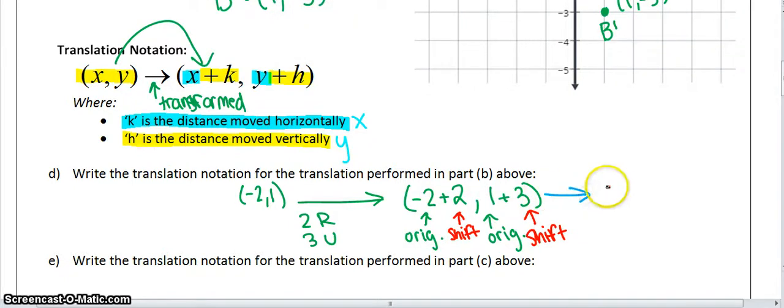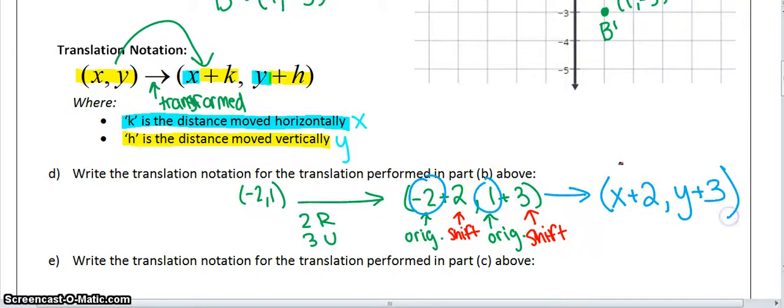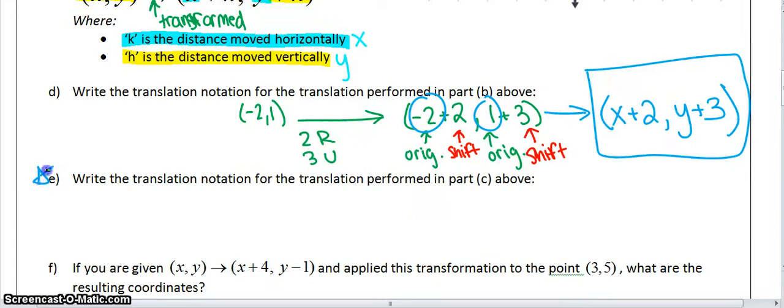If I wanted to generalize this, the rule would be I took my x-coordinate and added 2, then I took my y-coordinate and added 3. And this is how you'd write a mathematical rule. I want you to go ahead and try writing one of these for E, and I'll come back with the answer.